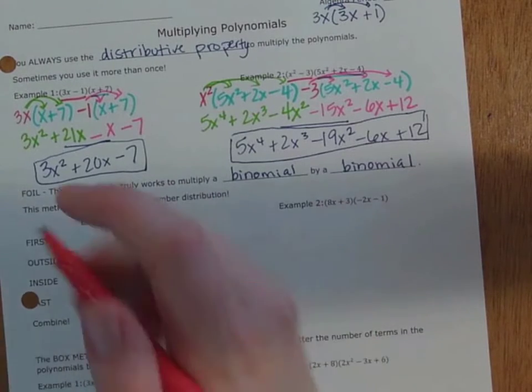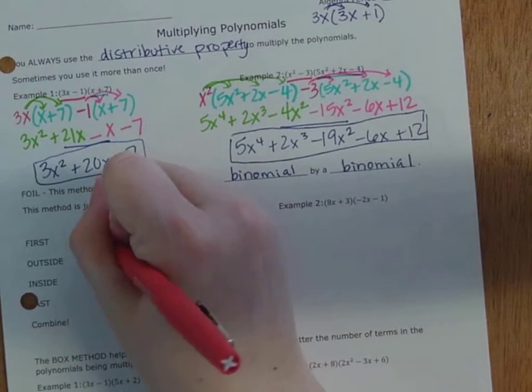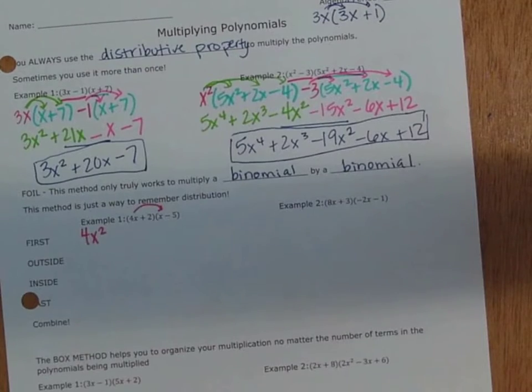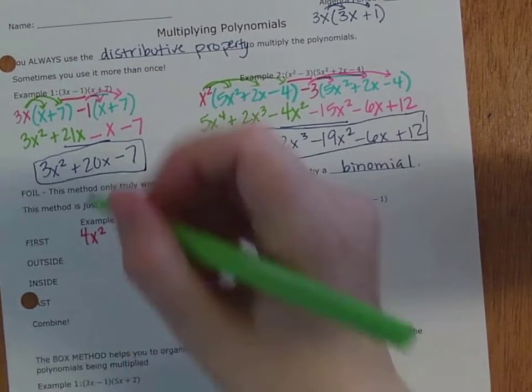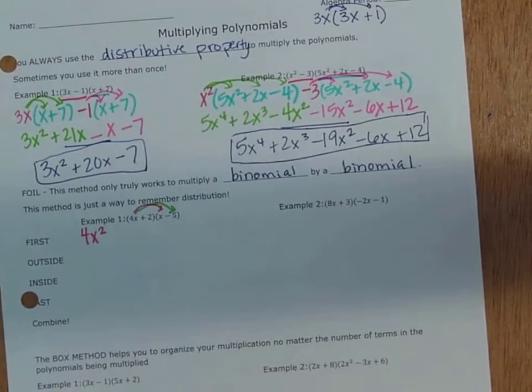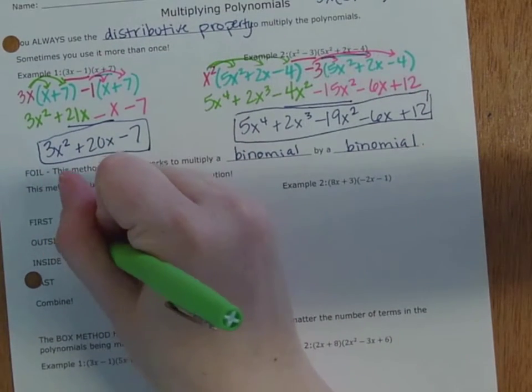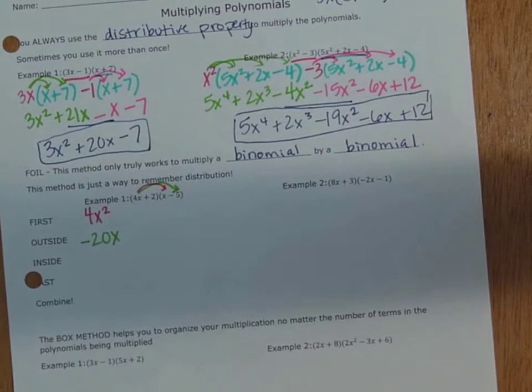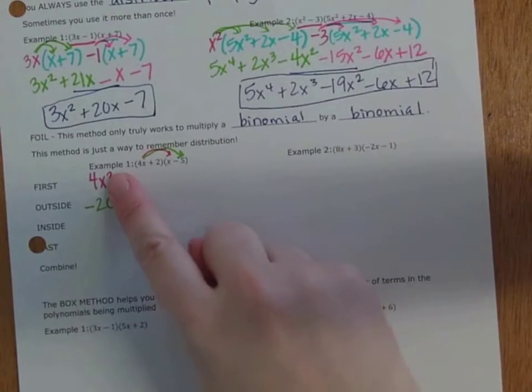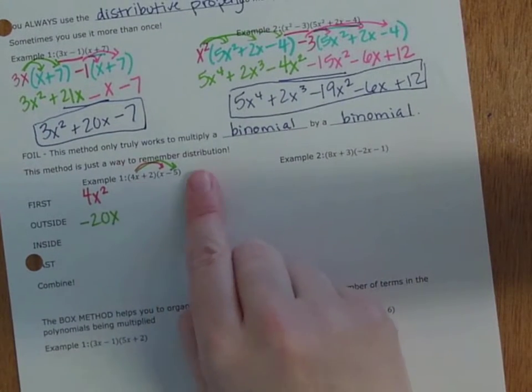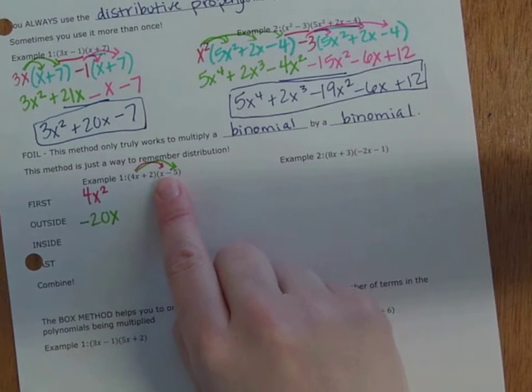So 4x times x is 4x squared. Then I'm going to distribute that 4x to the outside term. So what do we get? Minus 20x. Notice I've just distributed my first term to the second binomial.